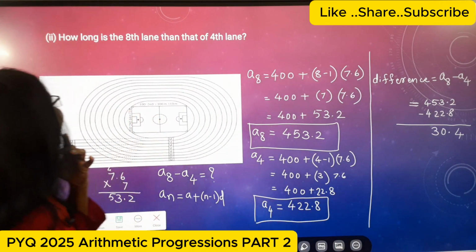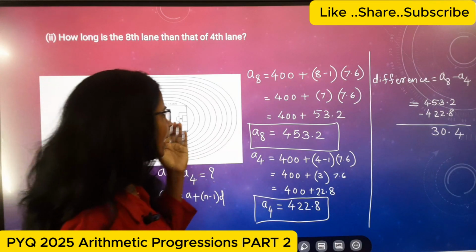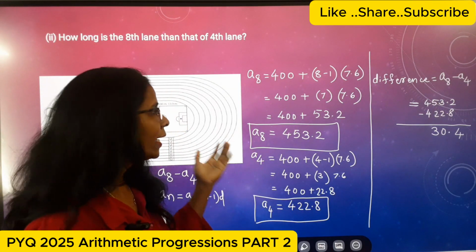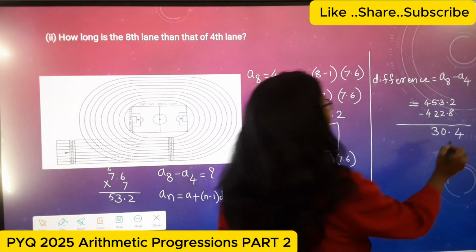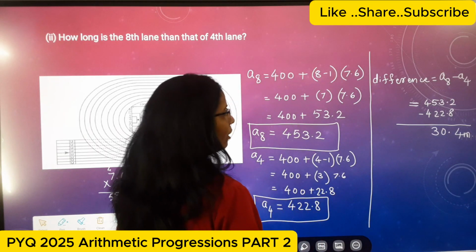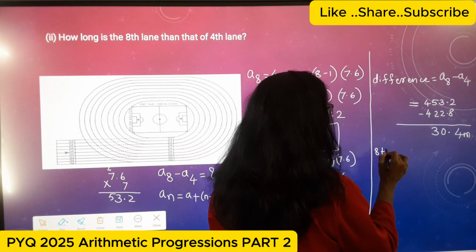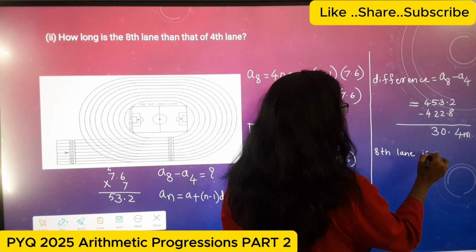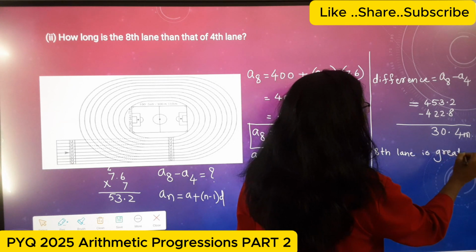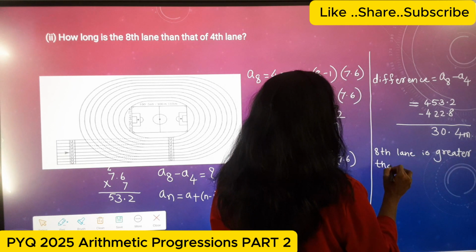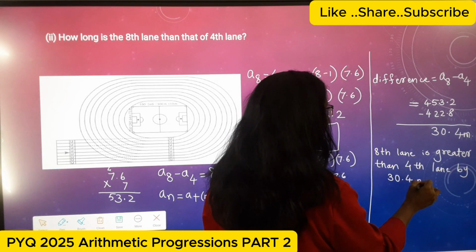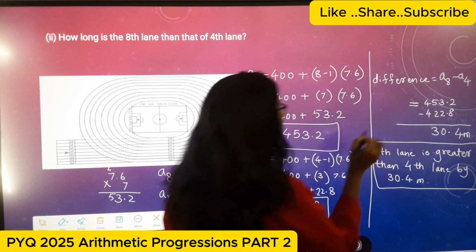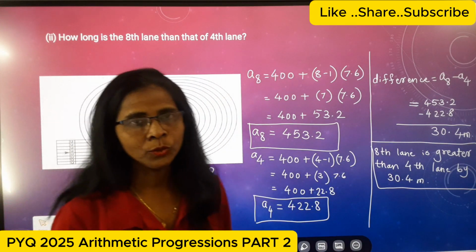Here we can say that the 8th length is greater than the 4th term by 30.4 meter. How can we write? 8th length is greater than 4th length by 30.4 meter. Okay, students?